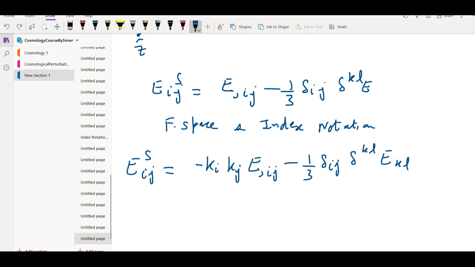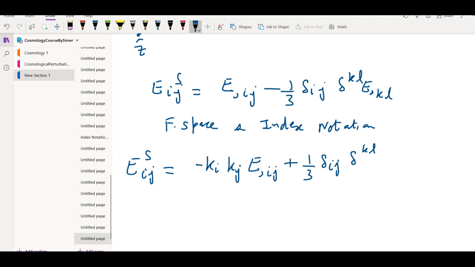So delta ij, delta KL, and here iota square will come.